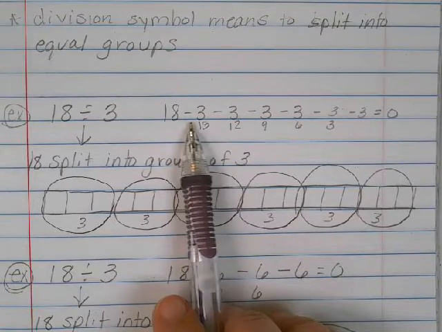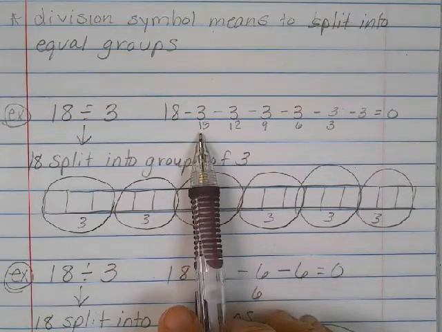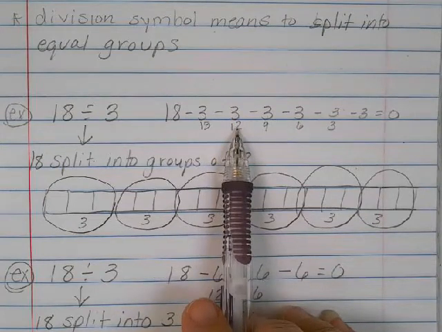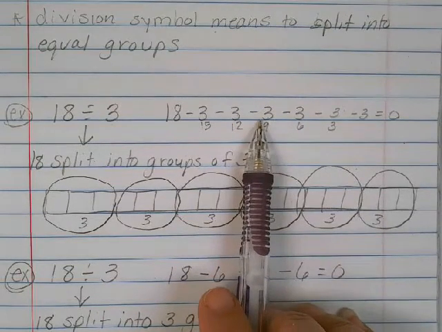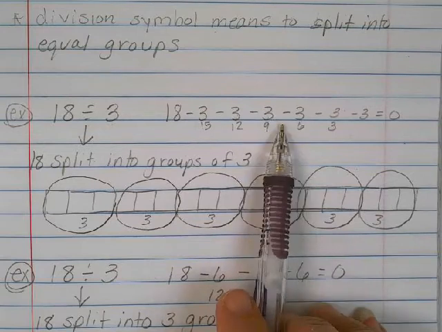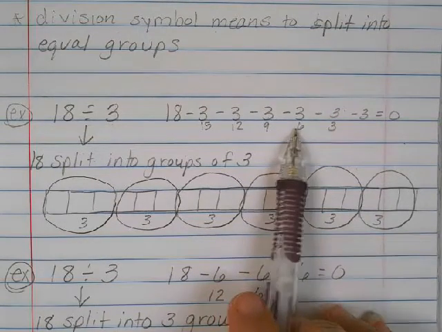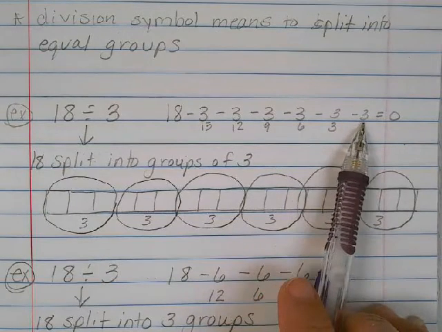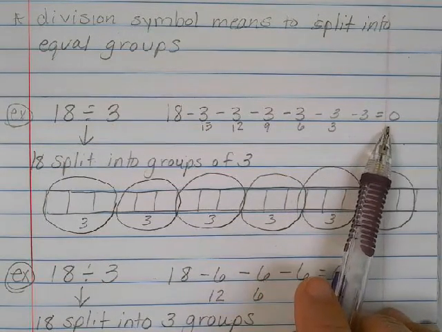So I start off with 18 minus 3, and that resulted in 15. Then I continued to subtract 3. That gave me 12. Subtract 3 again, that resulted in 9. Subtract 3 again, resulted in 6. Subtract 3 again, resulted in 3. Subtract 3 again, and finally it resulted in 0.